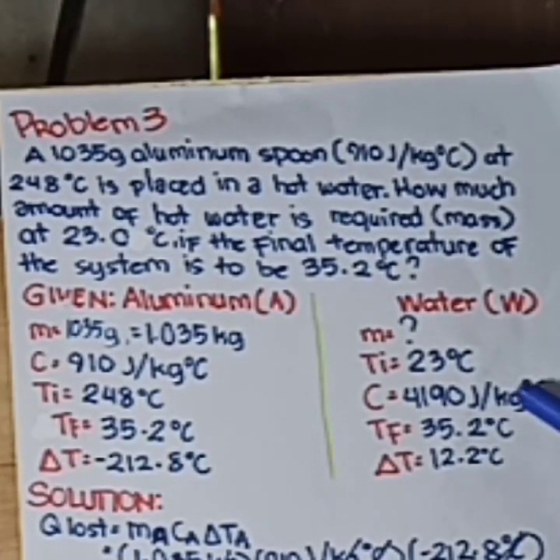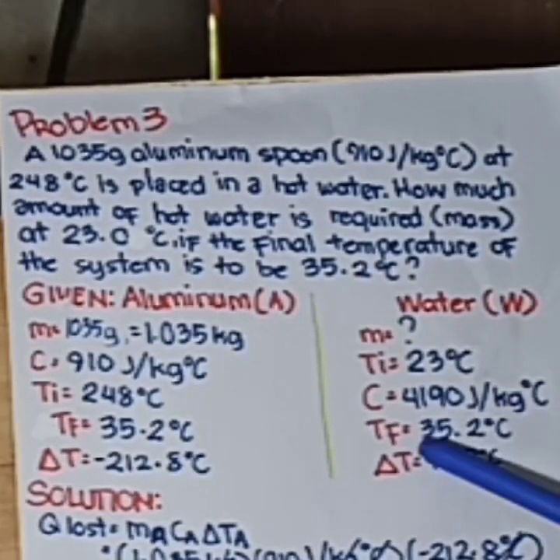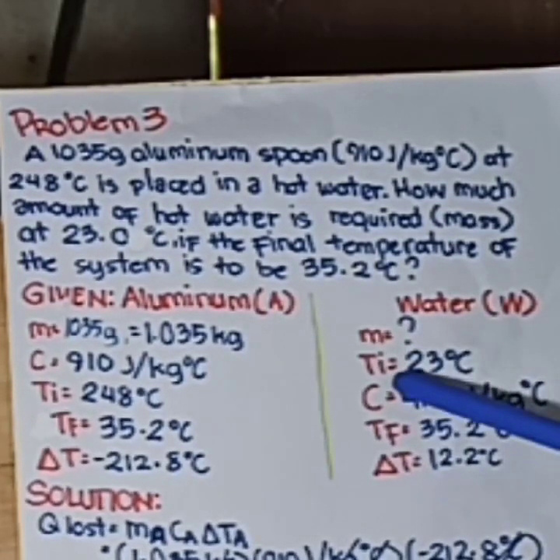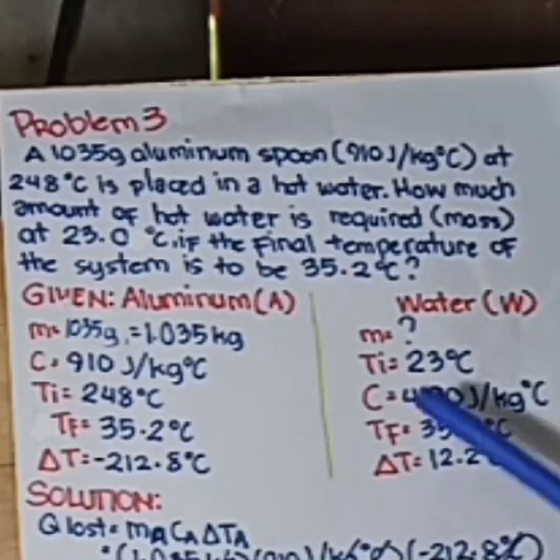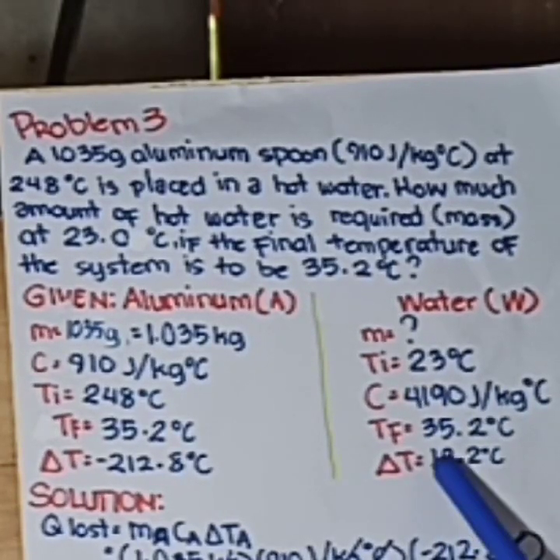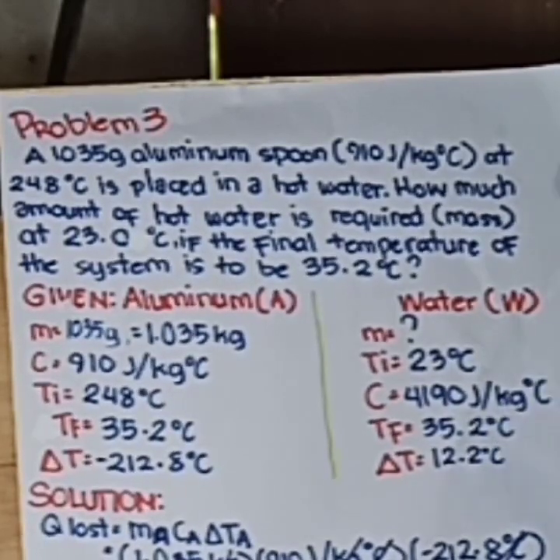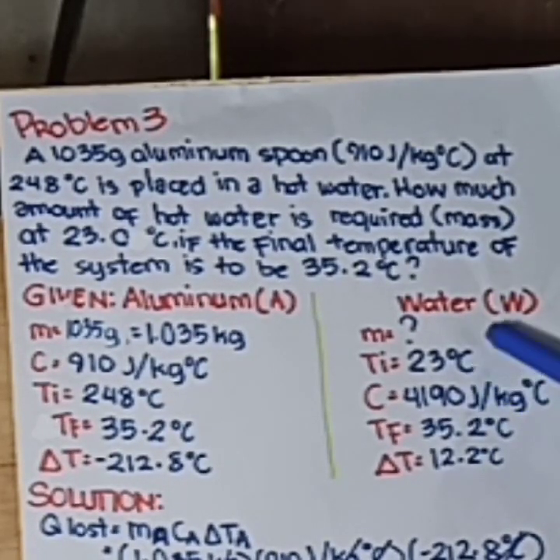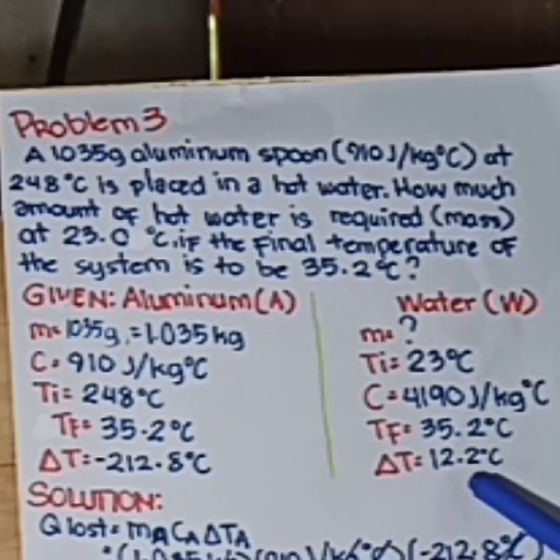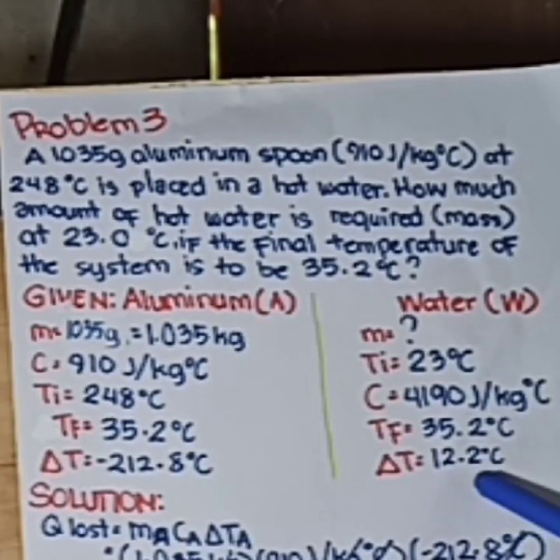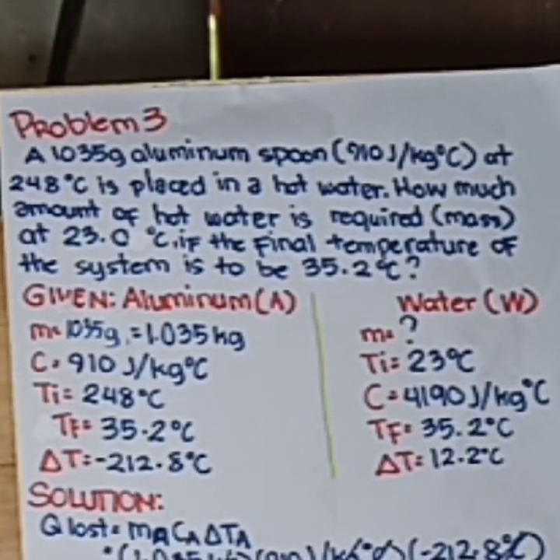And we're going to subtract the initial temperature from the final temperature to get the change in temperature. So 35.2 degrees Celsius minus 23 degrees Celsius is equal to 12.2 degrees Celsius.